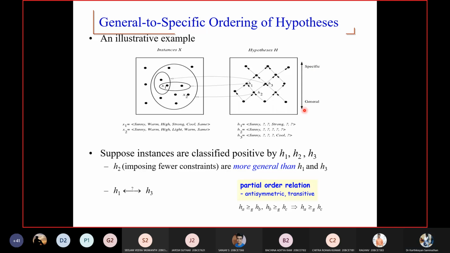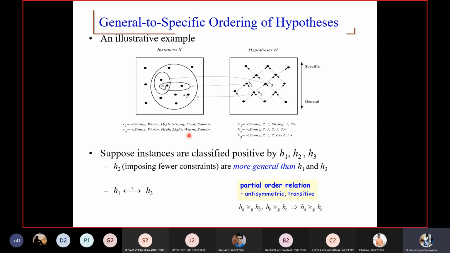Now I need to map these instances to the hypothesis. Hypothesis 1: sunny, warm, high, strong, cool, and same. Second hypothesis: sunny, warm, high, light, warm, same.